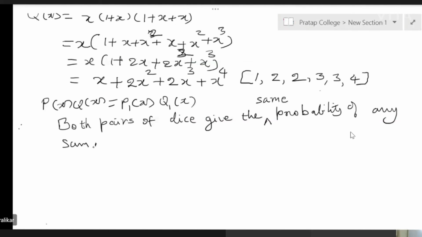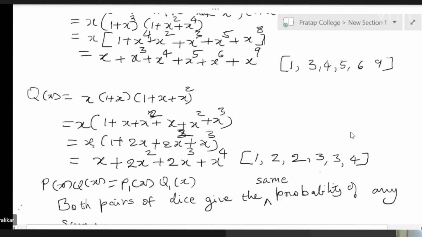So you can create another pair of dice with these integers on them. The first one is 1, 3, 4, 5, 6, 9, and the other die has 1, 2, 2, 3, 3, 4, and they will give the same sums with the same probability.